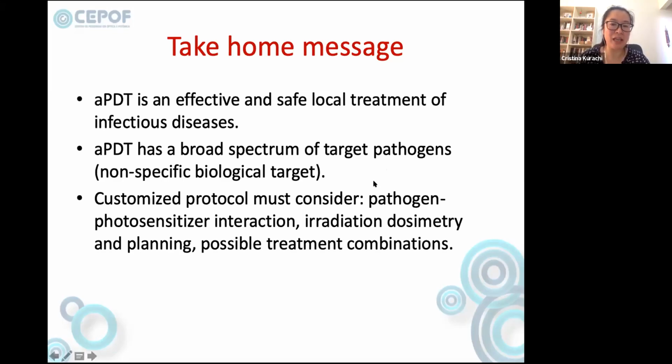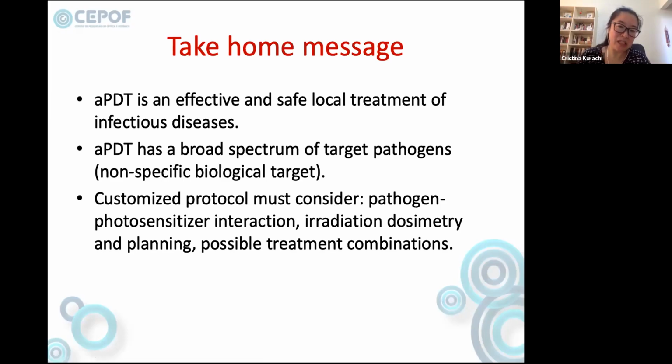This means that we can have a customized protocol that works on bacteria, fungi, viruses, and different types of pathogens. This is a very nice advantage compared to antimicrobial therapy using antibiotics, because if you have to design a new molecule for any new pathogen that appears, it takes several years of development of this kind of treatment.